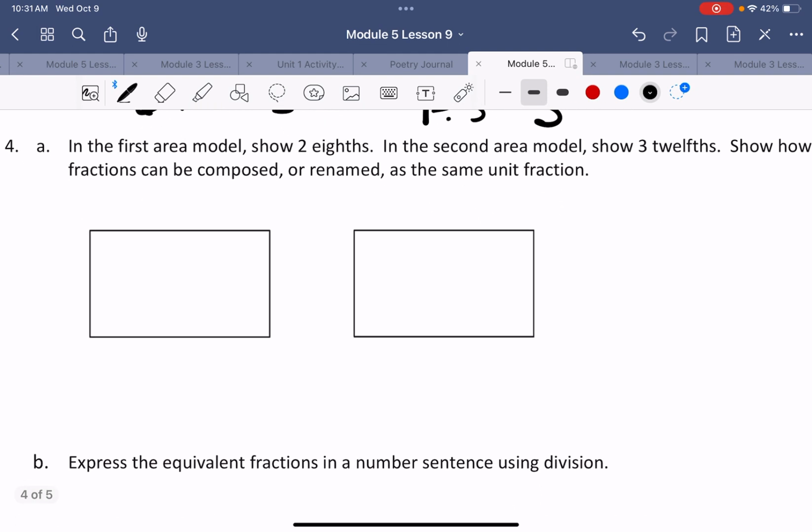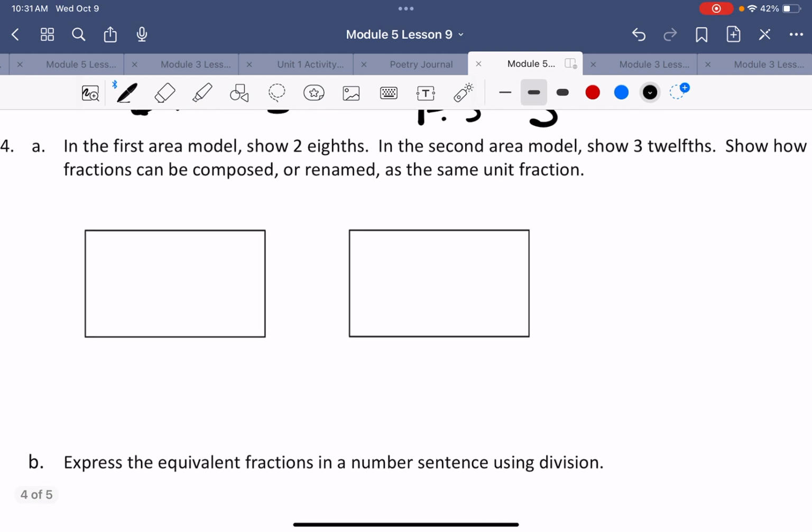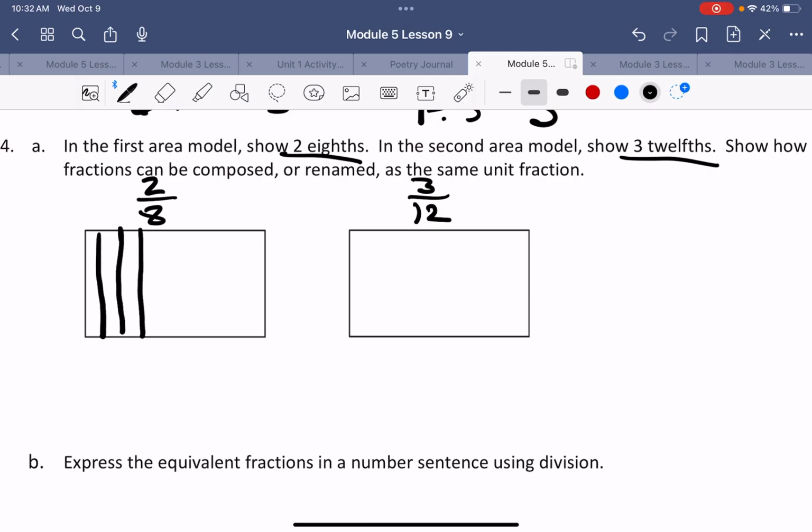Let's look at 4. First, draw an area model to show 2/8. Then, in the second area model, show 3/12. So we're going to break it into 8ths and shade in 2 parts.